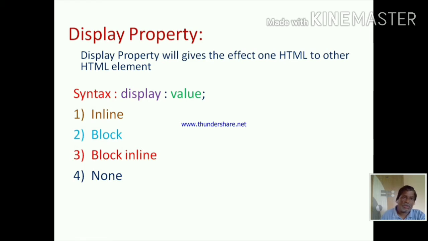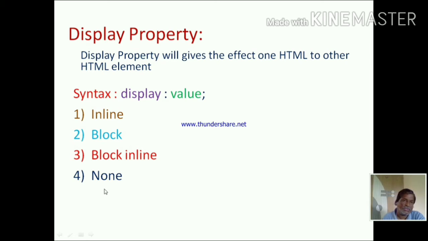The block value acquires the width of your browser window. We can set a width for this block also, but when we are not giving a width, it will take the whole width of the browser window. Inline-block is like inline, but in inline we cannot set the width, whereas in inline-block we can set the width for the particular HTML element.